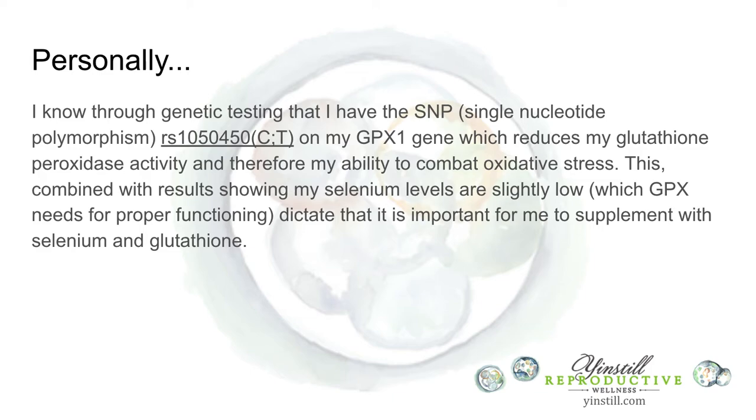This, combined with results showing my selenium levels are slightly low, which the GPX gene needs for proper functioning, dictates that it's important for me to supplement with selenium and glutathione. I went in depth and found out that I actually require, not just could benefit from, but require glutathione and selenium.